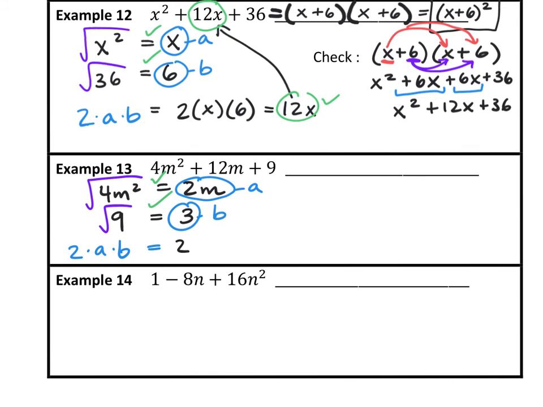What's 2 times 2m times 3? 2 times 2 is 4. 4 times 3 is 12 with an m. So I get 12m. Does that match the middle term? Yes. So I got all check marks all around.